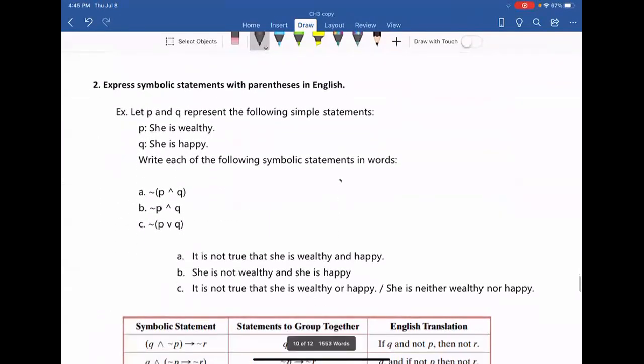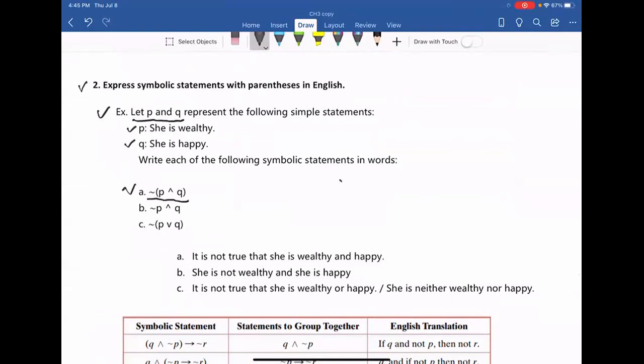Okay, let's see part 2, express symbolic statements with parentheses in English. Example 1. Let P and Q represent the following simple statements. P is she is wealthy. Q is she is happy. Let's see our symbolic statement.